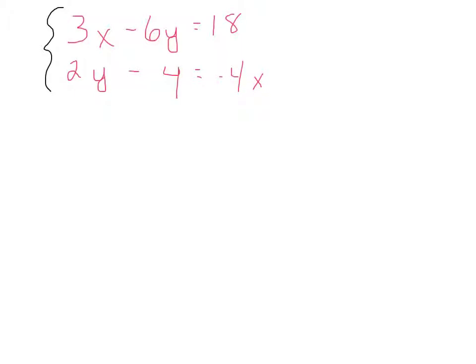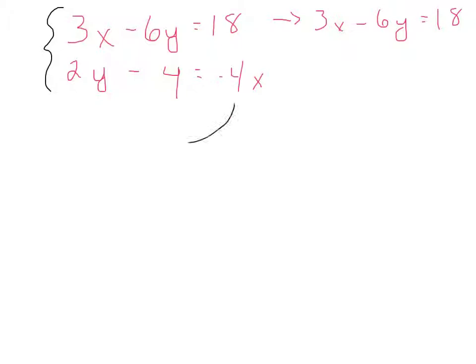So let's try that again. In this example, I notice that in the top equation, I have the x and the y on the same side. But in the bottom equation, I have the x and the y on opposite sides, and this is a problem. With elimination, in order to add two equations together, I need the different variables lined up on top of each other.